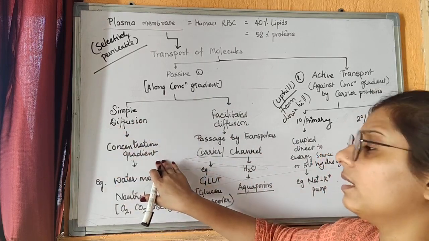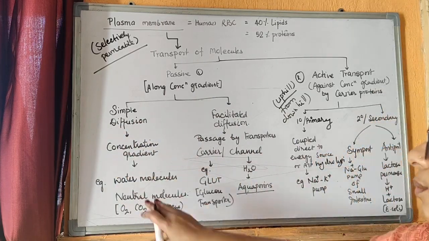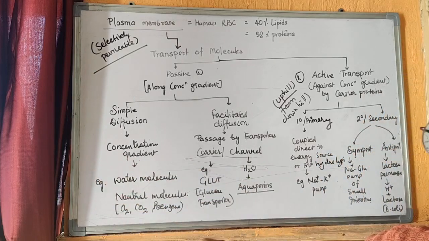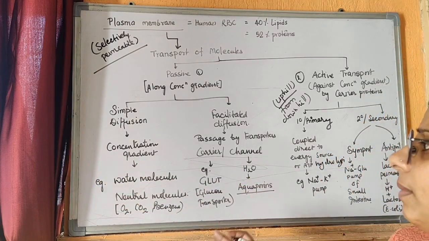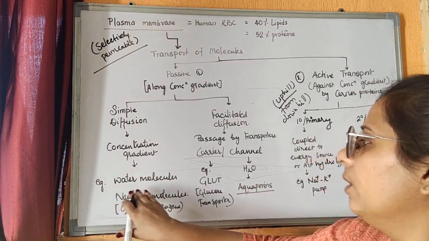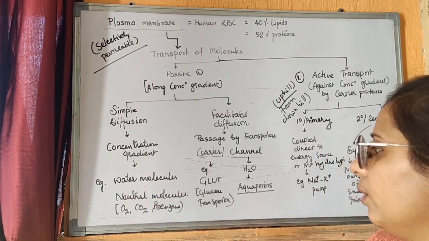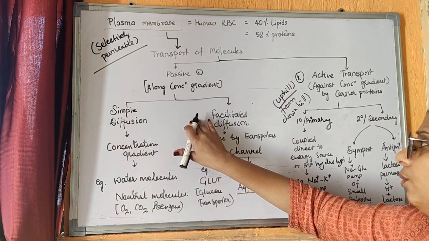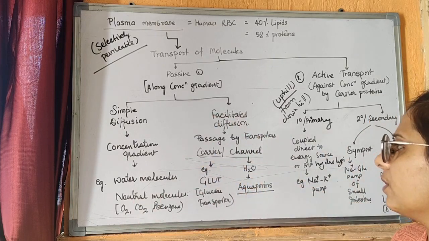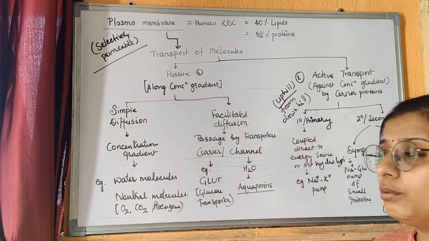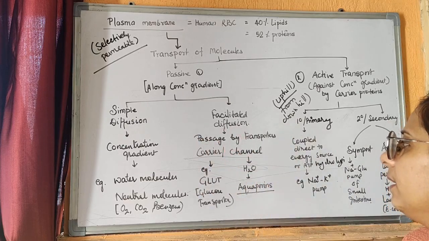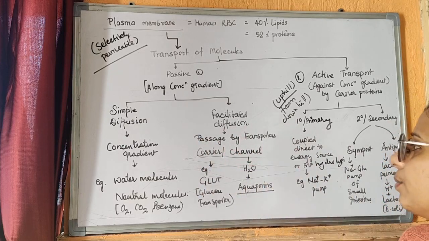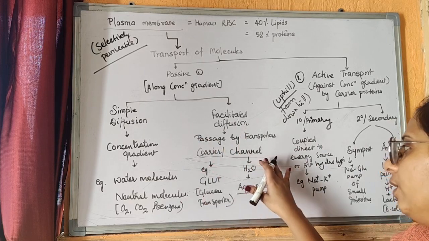Simple diffusion is concentration gradient diffusion where the molecules pass from one side of the plasma membrane to the other, and it includes water and neutral molecules, that is oxygen, CO2 and benzene. While through facilitated diffusion, the passage of molecules across the plasma membrane occurs via transporters that may be a carrier or a channel.